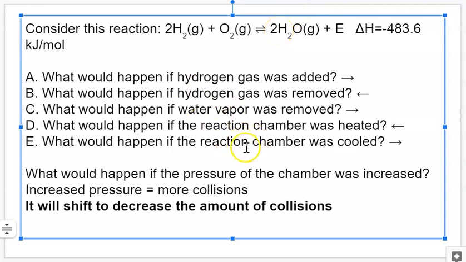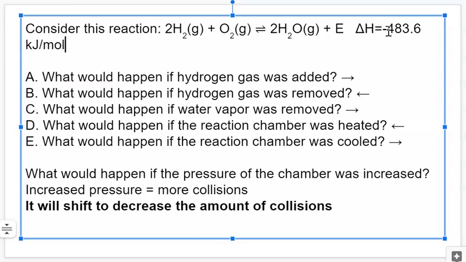Now, what would happen if the reaction was heated or cooled? So I mentioned earlier that you would either need to do an experiment or know the enthalpy of the reaction. So we know that this reaction is exothermic because it has a negative enthalpy value. And in the last example where it was endothermic, we treated heat like it was a reactant because we needed heat to progress towards the products.